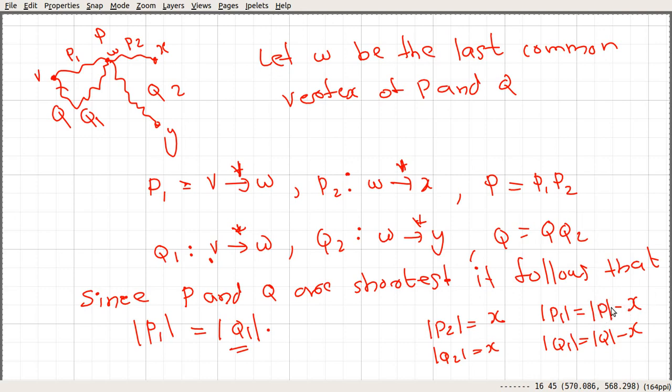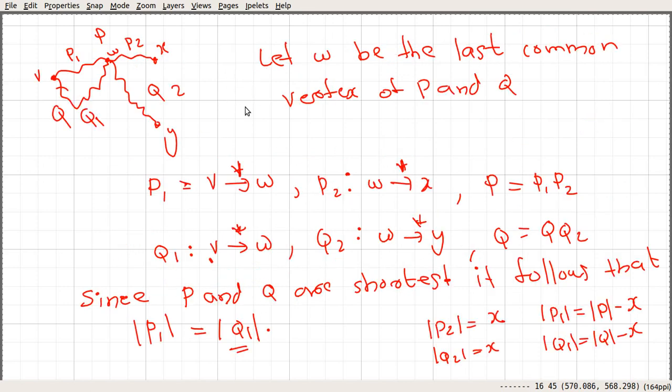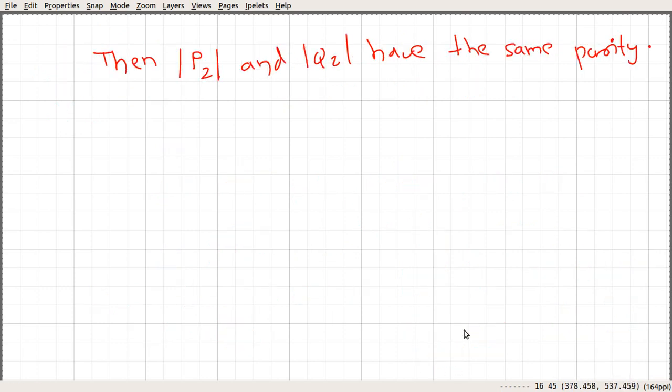So that is how we define those things from B to x. They have the even parity, and that says either x is odd or x is even. So we can also see that P1, P2 and Q2 also have the same parity. Then P2 and Q2 have the same parity, either even or odd. Then what we can say is then the path x.